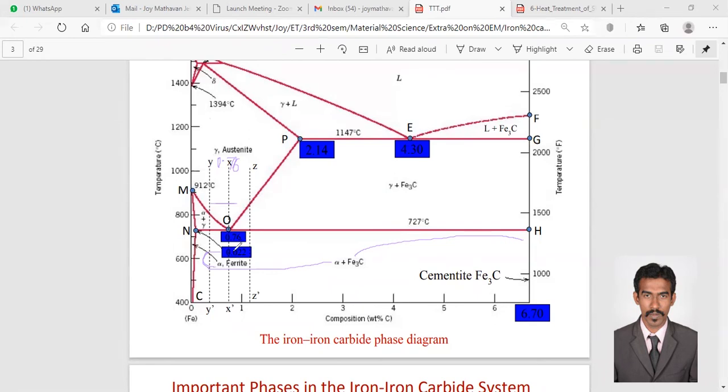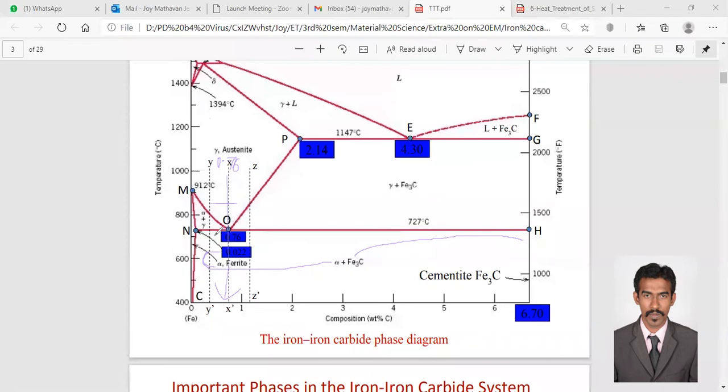Now what is happening along this line X? The reaction I am talking about is happening along this line X, which is passing through this O. Here is gamma austenite. You see gamma at this point has 0.76% of carbon at this temperature.